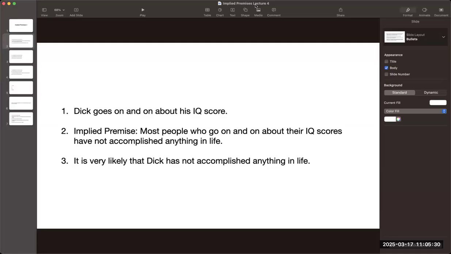So how do we represent that? Well, remember, for our conjoint support, we have our little bracket. But how do we fill in a missing premise?